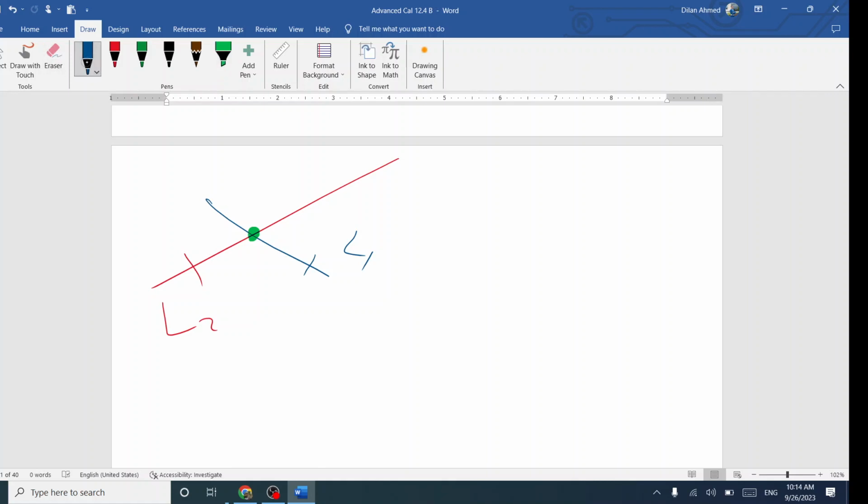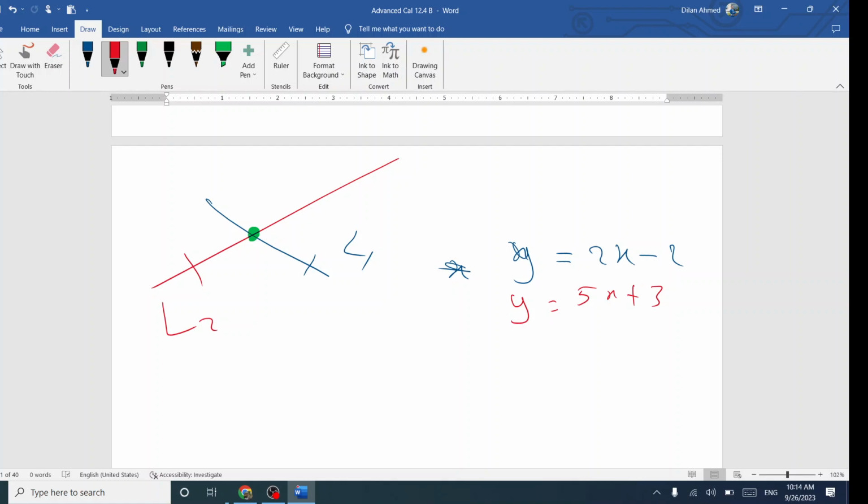For example, the equation of line number 1 is y equals 3x minus 2. The equation of line number 2 is y equals 5x plus 3. To find the intersection point, I solve them together.